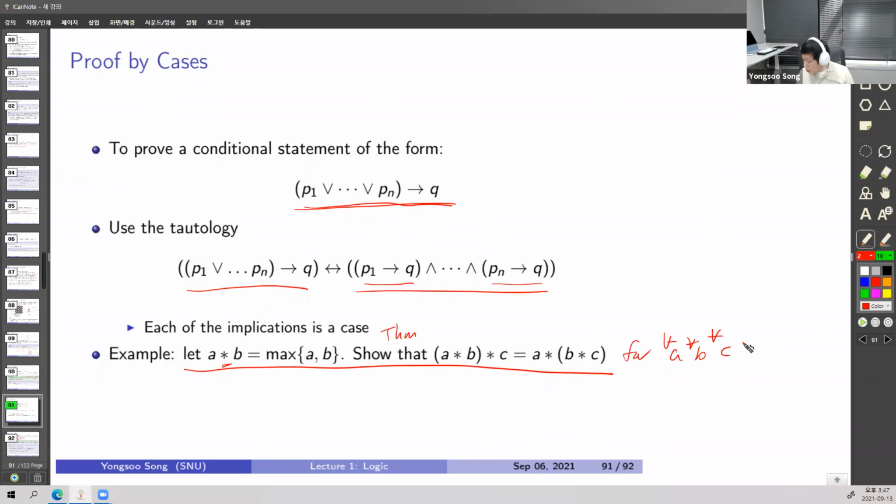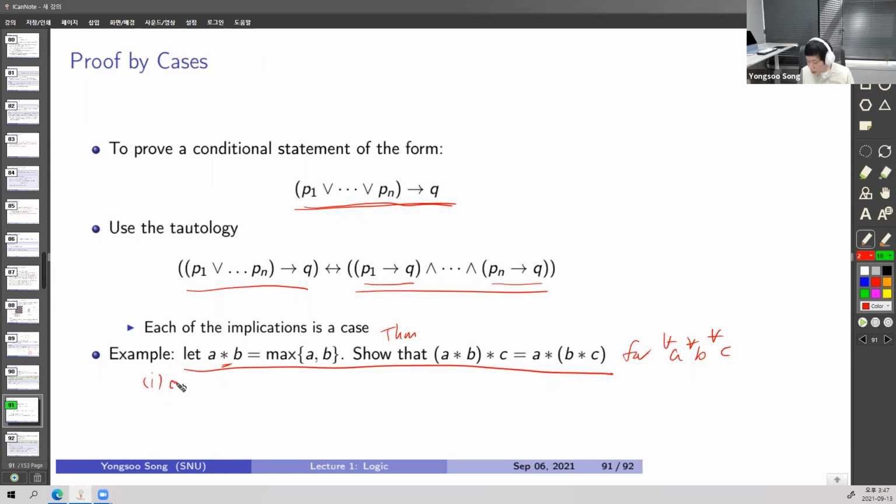So how can you show this? Basically, we are showing that this maximum function satisfies the associativity law, and we can show this proposition by considering 6 different cases.